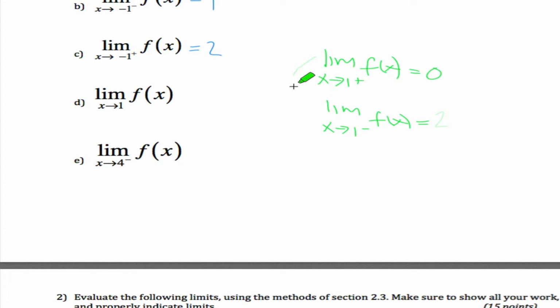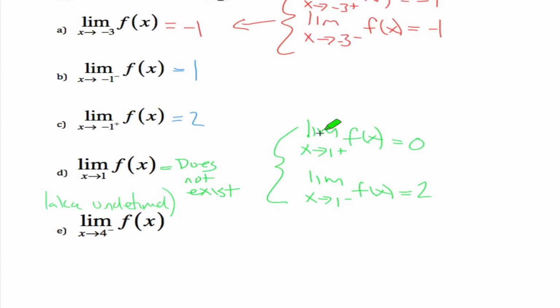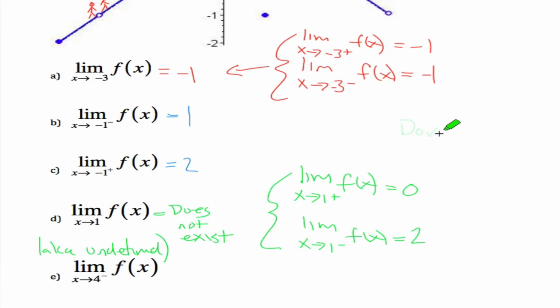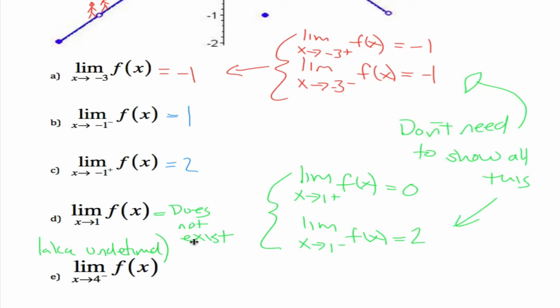And since these two are not the same, we say that this limit does not exist, also known as undefined. And just an FYI, you don't need to show all this. I'm just doing it to explain my solutions a little bit.